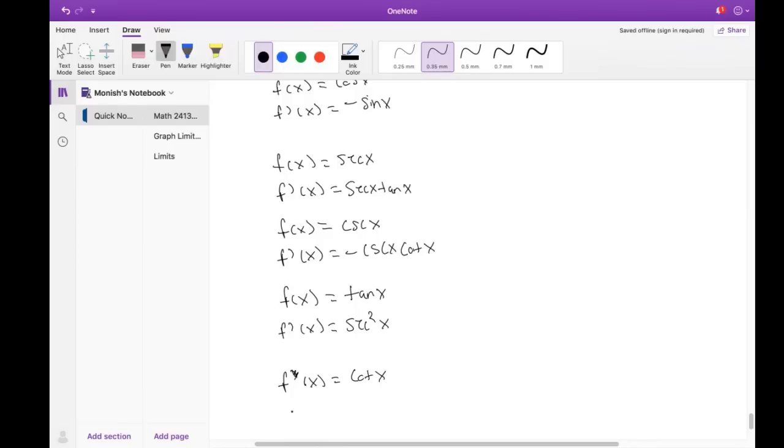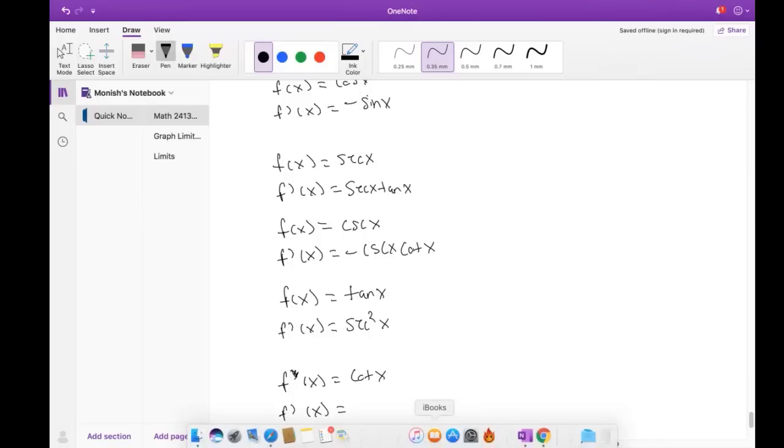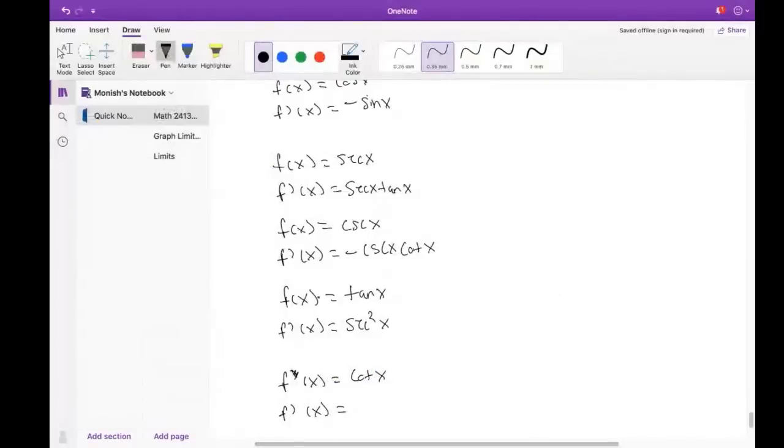Then last one is cotangent x. So what's this one? So it's negative cosecant squared x, right? Just to make sure. Okay.